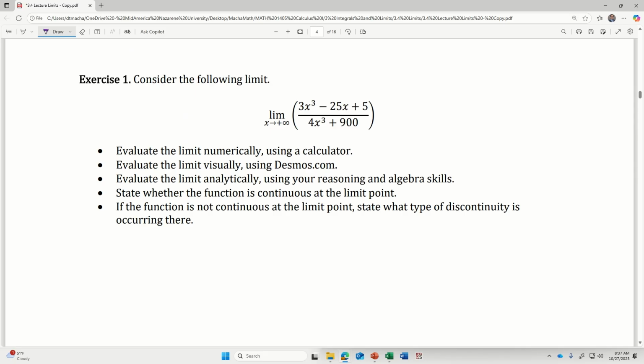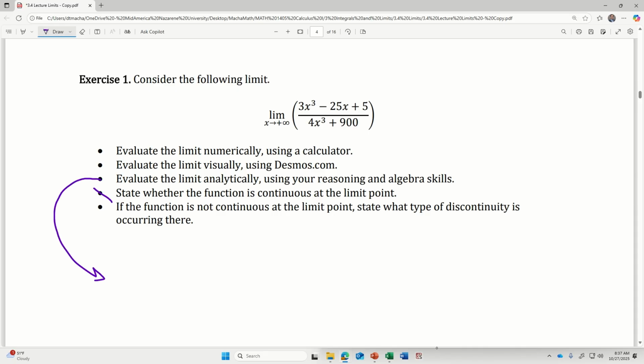Similar thing, I can evaluate this numerically using a calculator by plugging in different values of x as x gets closer to infinity, meaning I plug in 1,000, I plug in 10,000, I plug in 100,000, however many times I need to get an idea. Or I can evaluate the limit visually using Desmos.com, right? You know, and just open up Desmos, plug this in and see what happens. We're going to skip to this in order to save some class time.